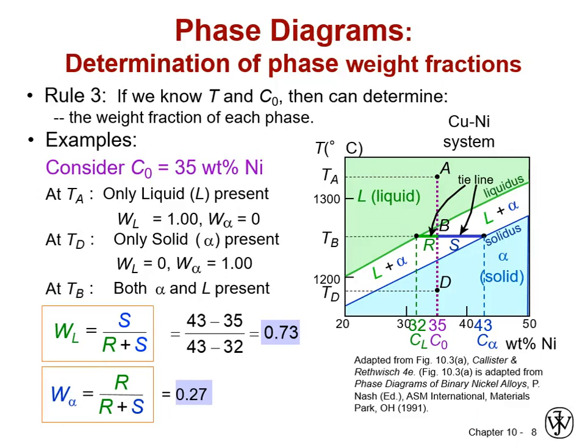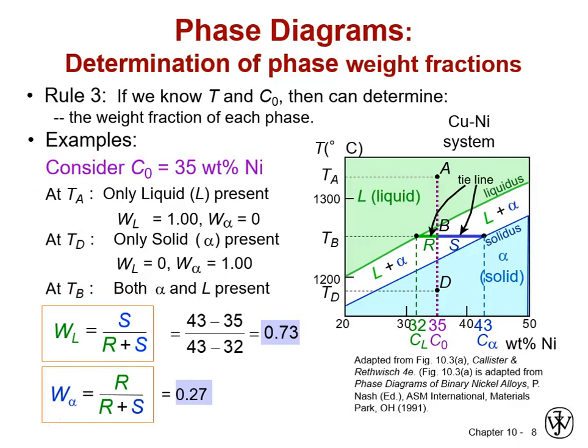And then you pick the composition of each of those phases based on the composition of where your tie line intersects each phase boundary. So there's two distinct ideas to get when we're talking about a two-phase region on a binary phase diagram: the composition of each of the two phases present and the relative amounts.